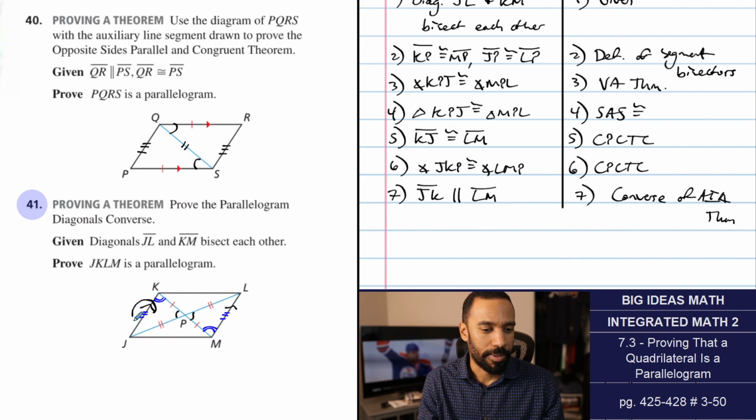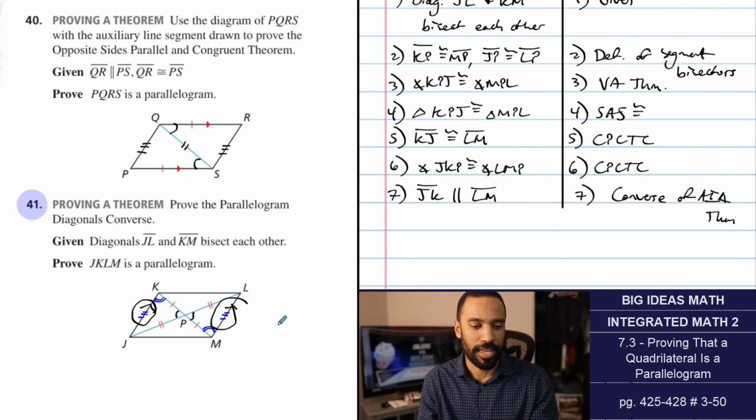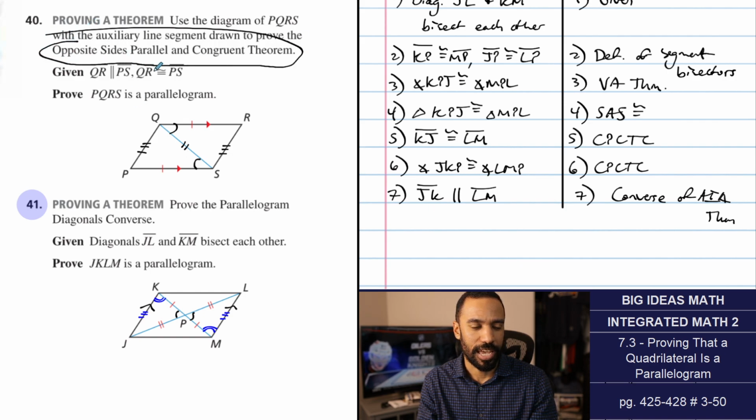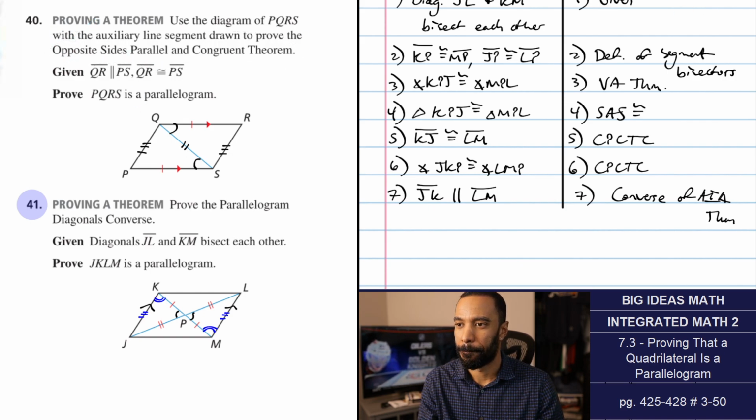Now I have opposite sides that are both parallel and congruent, and that'll use the opposite sides parallel and congruent theorem, which I can use because we now proved it, right? It's only within the scope of the problem that we can do something like that.